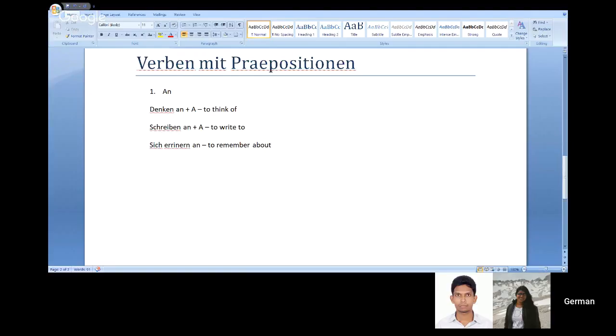I have a doubt. How to use the third verb? Sich erinnern an is again a reflexive verb that we learned right now. So if I want to say I remember to myself, I would say mich, and then about the thing.